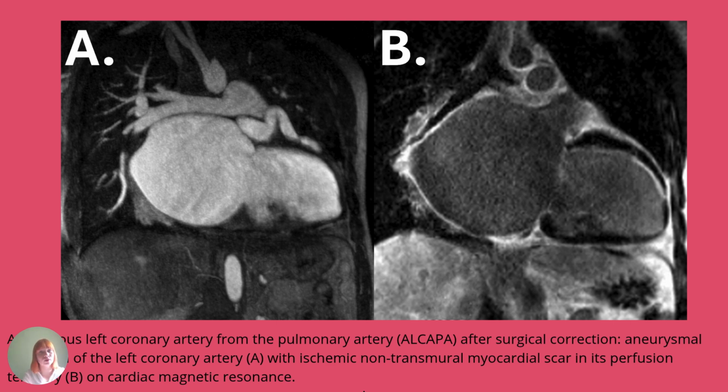Here is an example of cardiac magnetic resonance used to depict anomalous left coronary artery from the pulmonary artery after surgical correction.